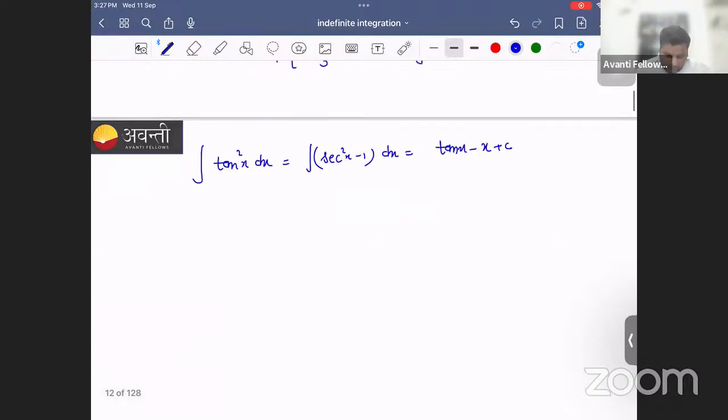Now, say somebody asks you dx upon 1 plus cos x. Very important question. Integration dx upon 1 plus cos x. How would you do it?